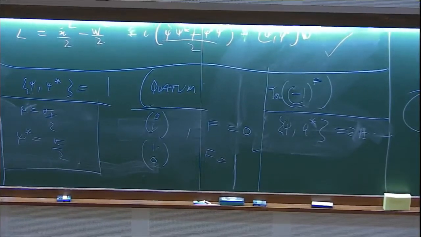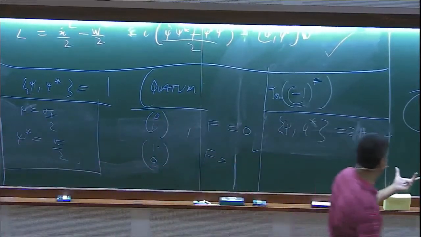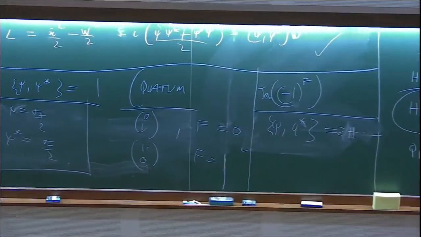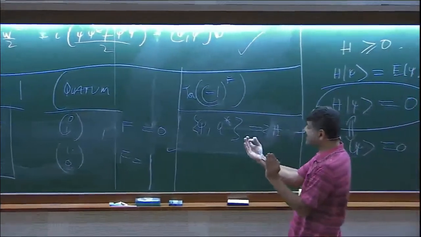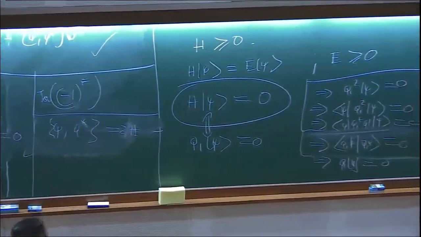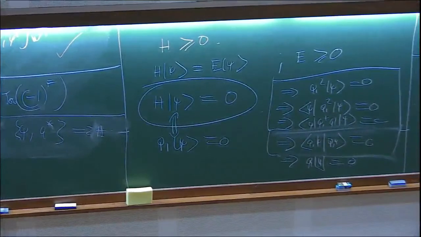So q and q star are represented by this 2-state system, and the 2 different states in the 2-state system can be diagonalized under (-1)^F and will have eigenvalues plus and minus 1.